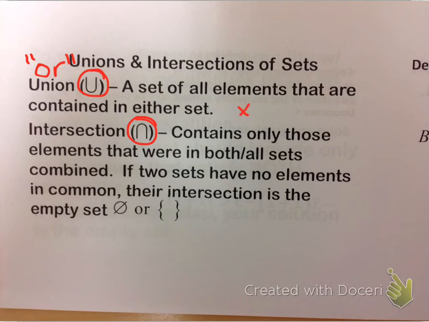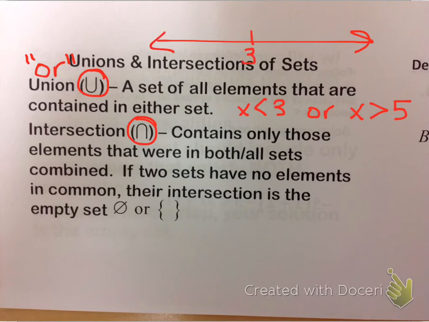If I said x is less than 3 or x is greater than 5, then what that would look like on a number line is that any number from 3 down would work, or any number above 5 would work. So your solution set would include both intervals of numbers.